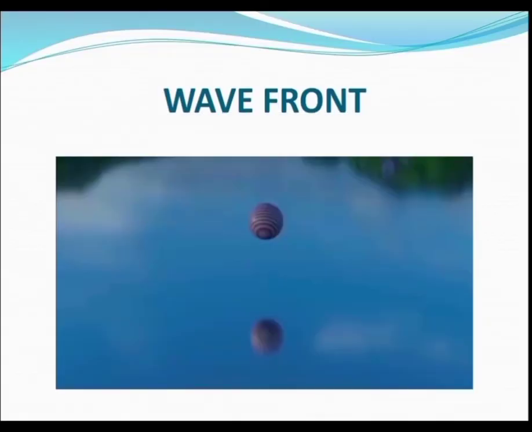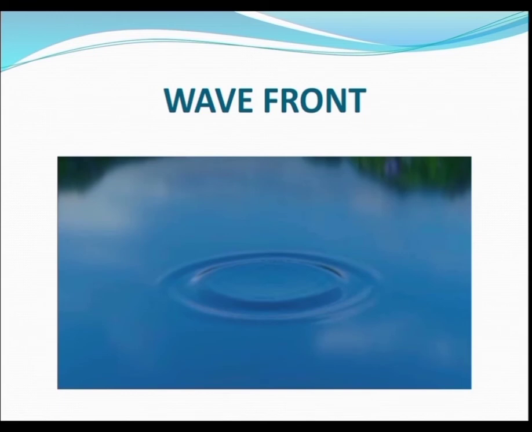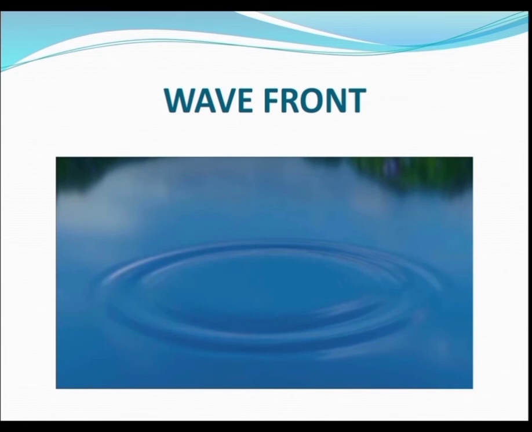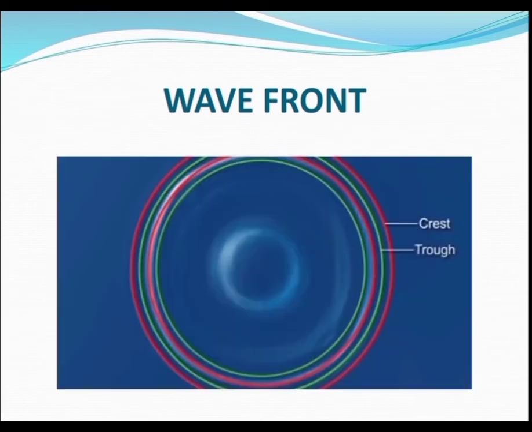First of all, wavefront. When a ball is dropped in water, waves spread in all the direction in the form of concentric circles. Every concentric circle is associated with crest or a trough.